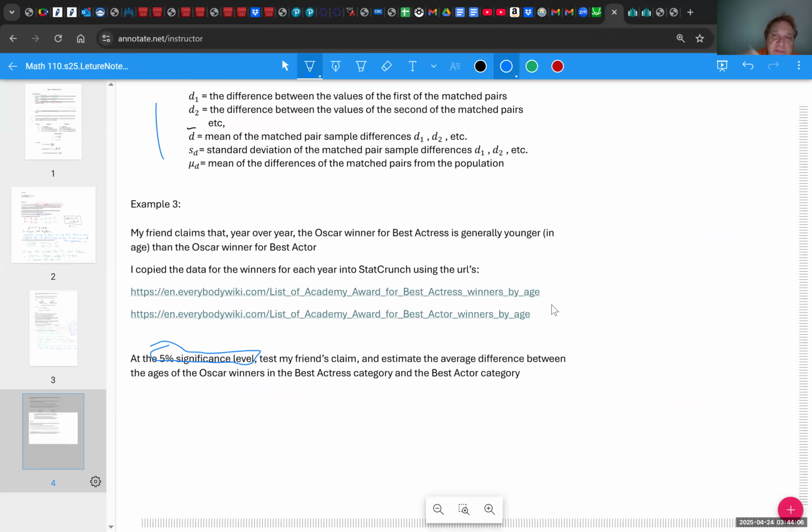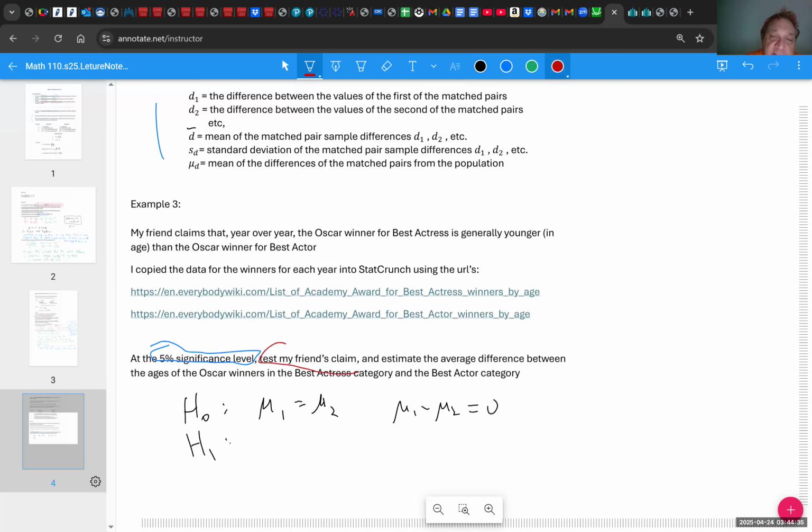For the hypothesis test, of course, we need an H0 and an H alternative, or H1. H0 is always going to be an equality statement. So we say that the mean age for the actresses is equal to the mean age for the actors, or we can do the subtraction version as well. And we're testing my friend's claim.